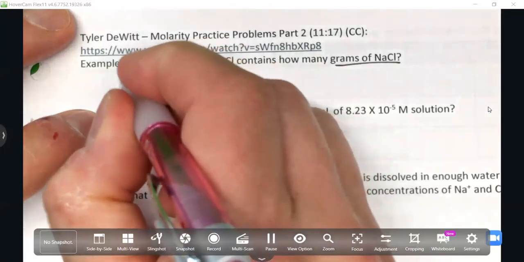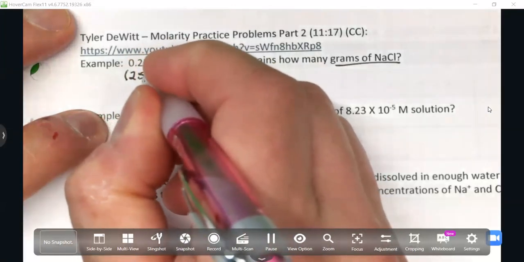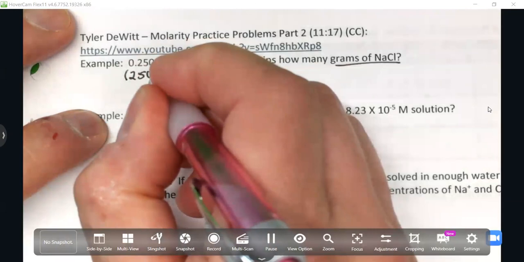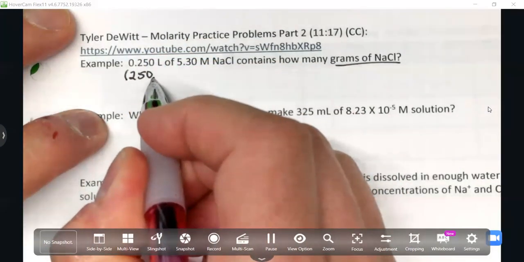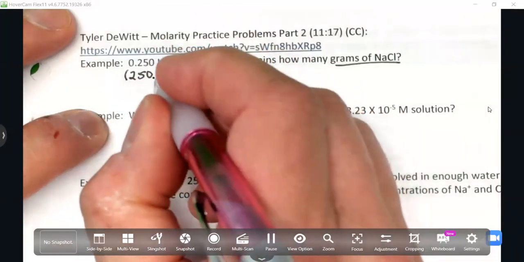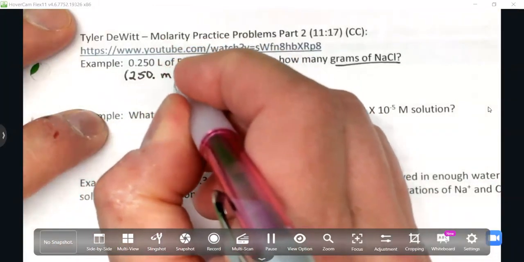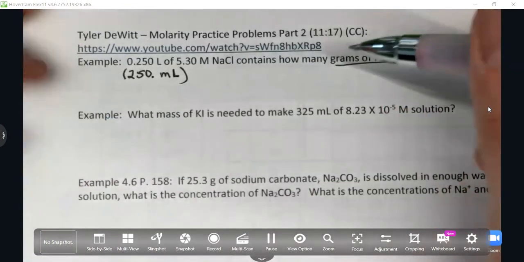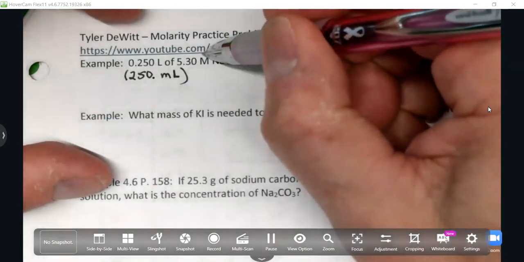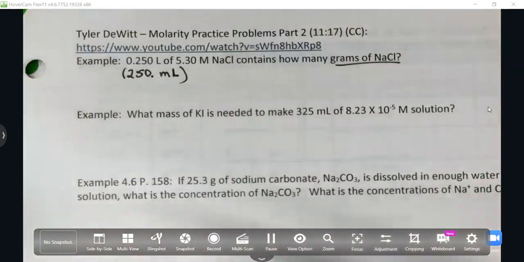So again, we're going to call this in the lab 250. Then I'll have to put a dot there to say that that zero is a sig fig, or that zero place, sorry. So how many grams? Now, molarity here is a double unit number.